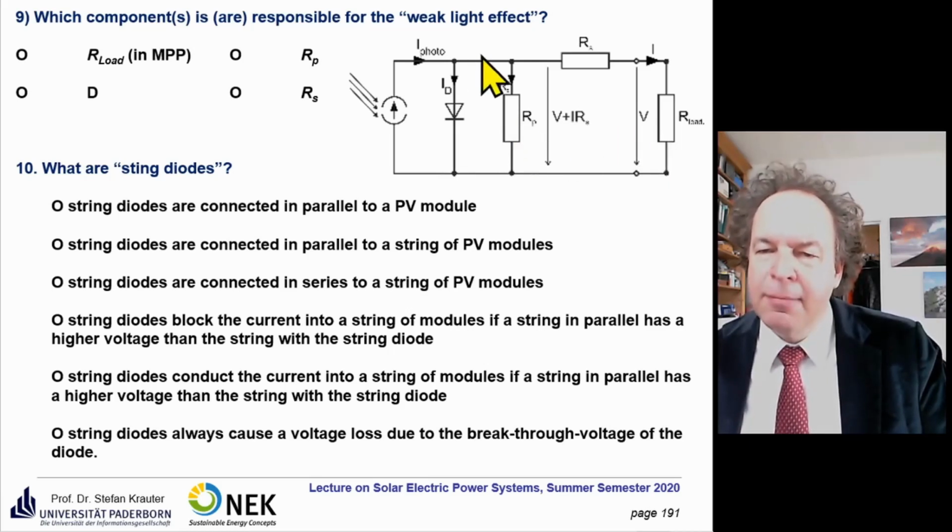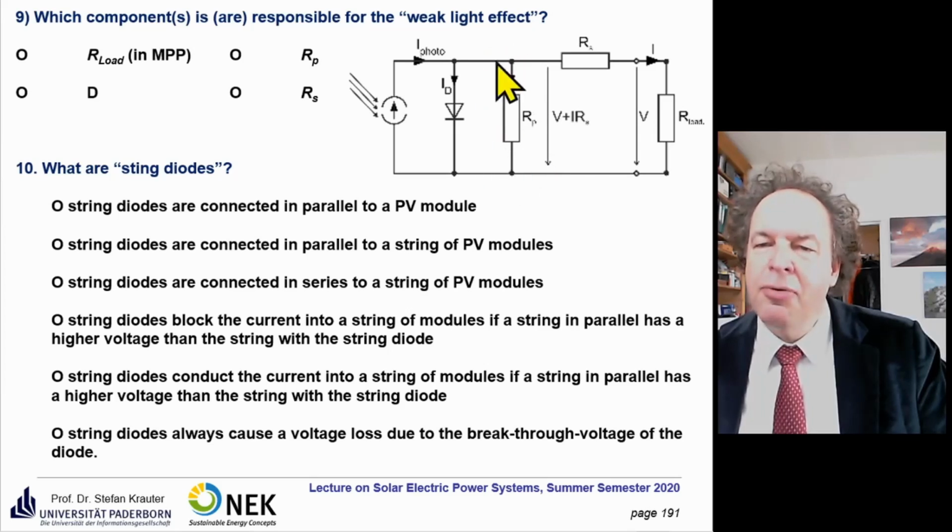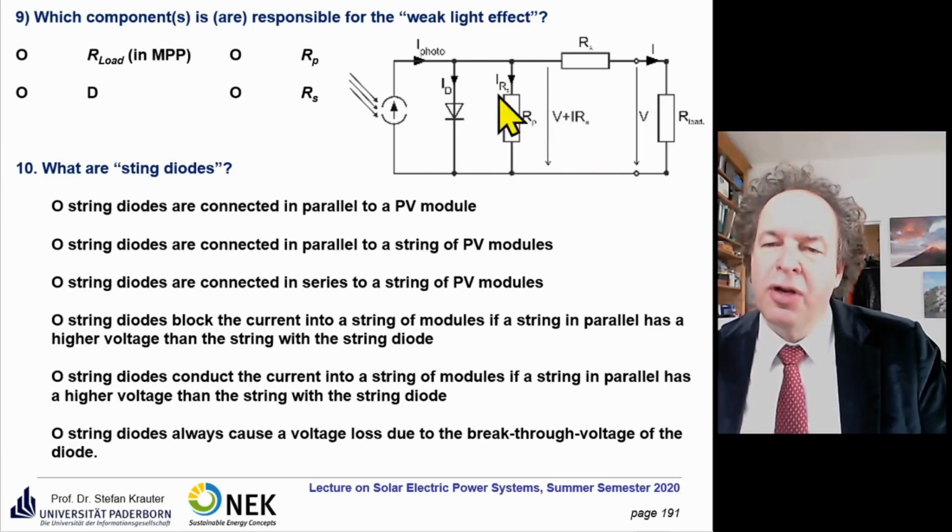So we have a higher proportion of current being deviated internally. Therefore the losses are relatively higher at low irradiance levels. At higher irradiance levels, this resistor is relatively low, and most of the current goes through here, only a small part goes through there, and therefore this effect is almost negligible. But for low irradiance levels, this gets important.